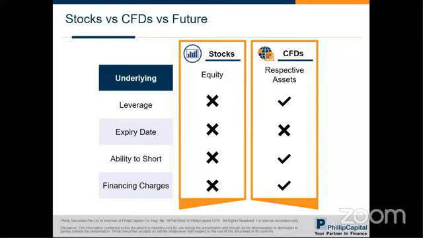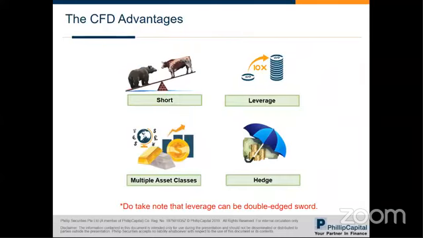Doing short selling with Phillip CFD, the whole process is very easy and seamless. So I mentioned the advantages of CFD in the previous slide: short selling, and then leverage. Some of our products, such as equities, allow 10 times leverage. Some may even offer up to 20 times, depending on the product itself and the quality of the asset.